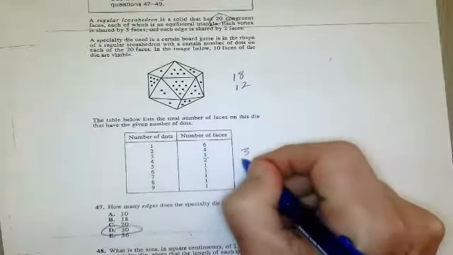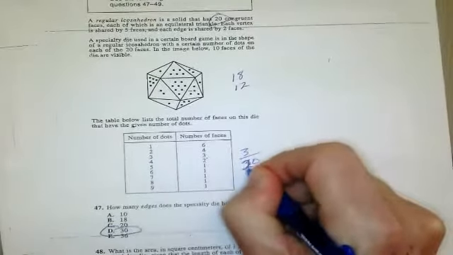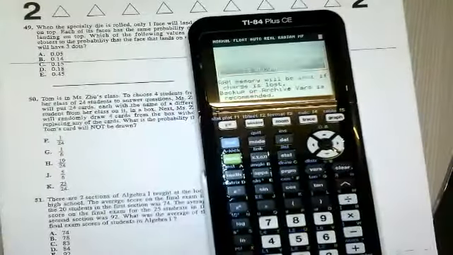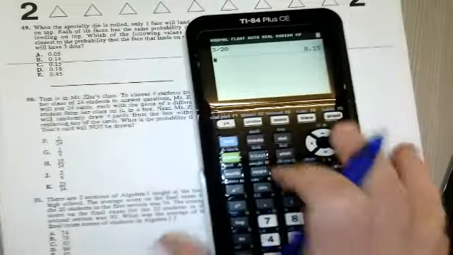Well, it told us up here at the beginning there were 20. So that's simply 3 out of 20, which when we divide 3 by 20 is 0.15. So there's my answer. The answer to number 49 is C.